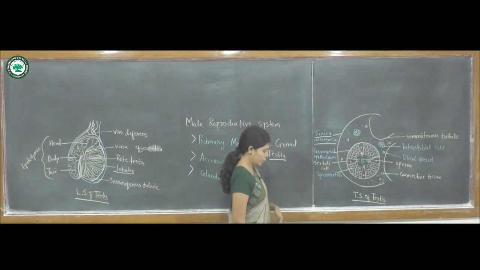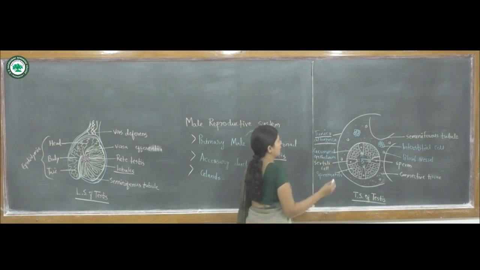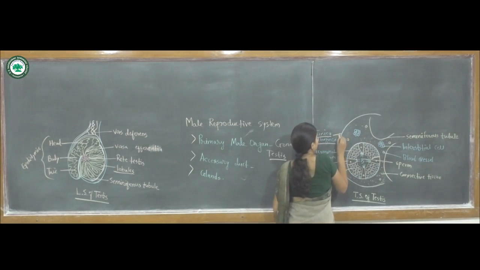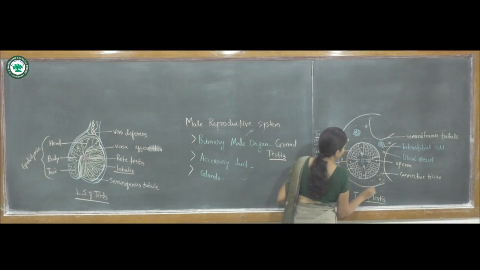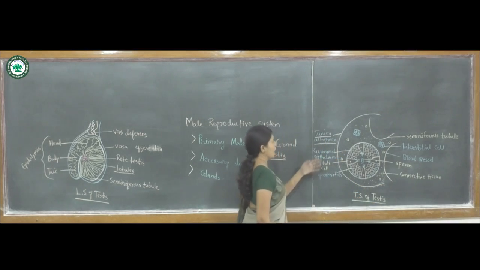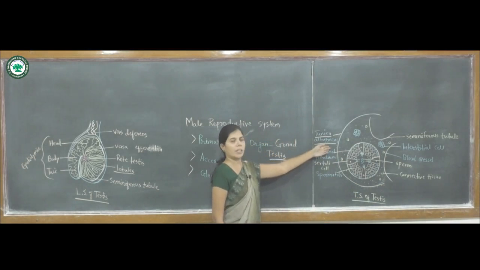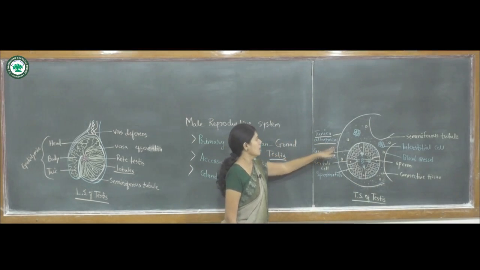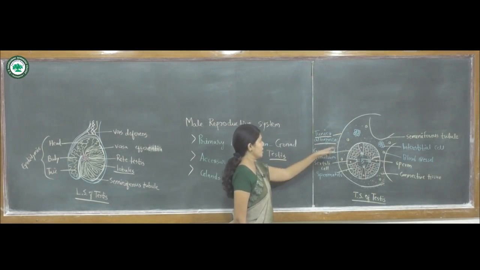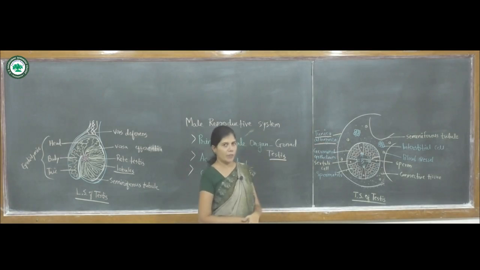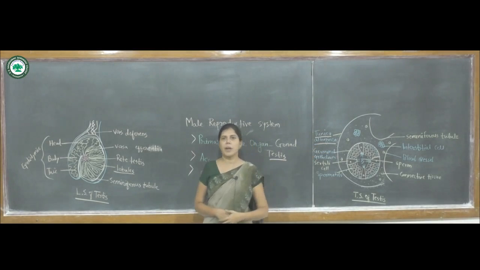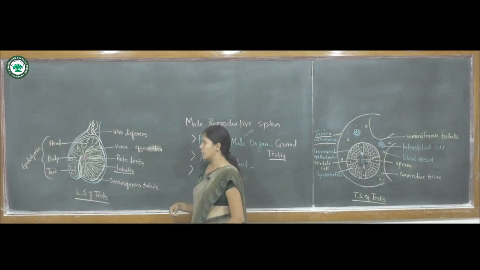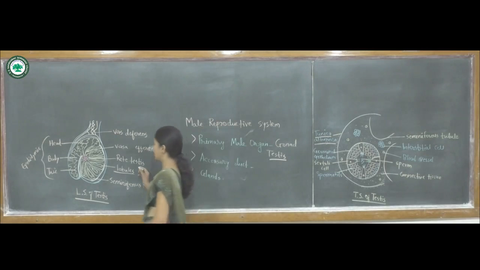The tunica albuginea is covered by a thin outer wall known as the tunica vaginalis.